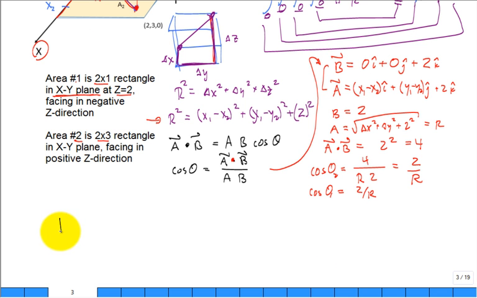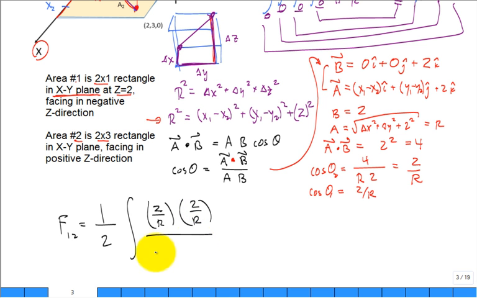To calculate the view factor from 1 to 2, I need the 1 over the area 1. We got that. What was my area 1 again? It's 2. Then we had the integral. We had the cosine of theta 1, which is 2 over R, times the cosine of theta 2, 2 over R, divided by pi R squared.